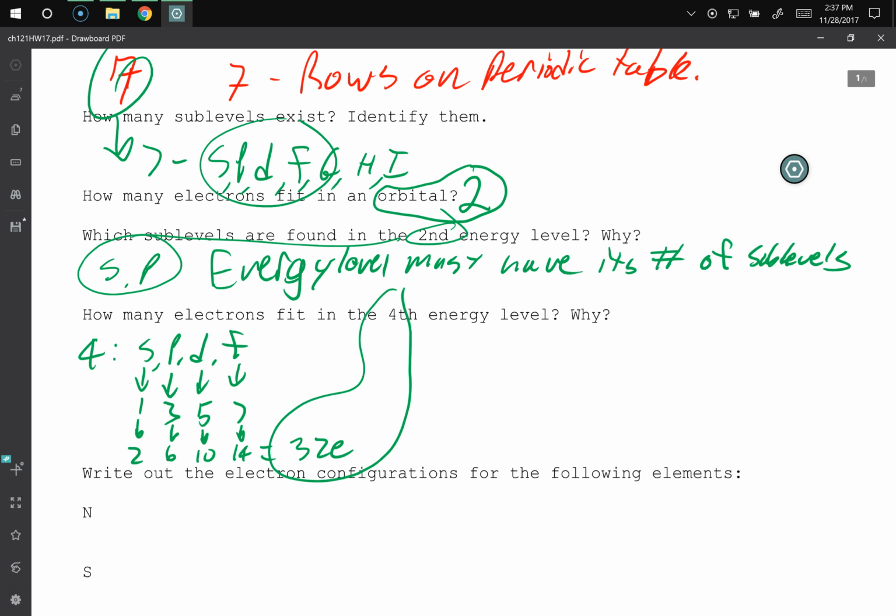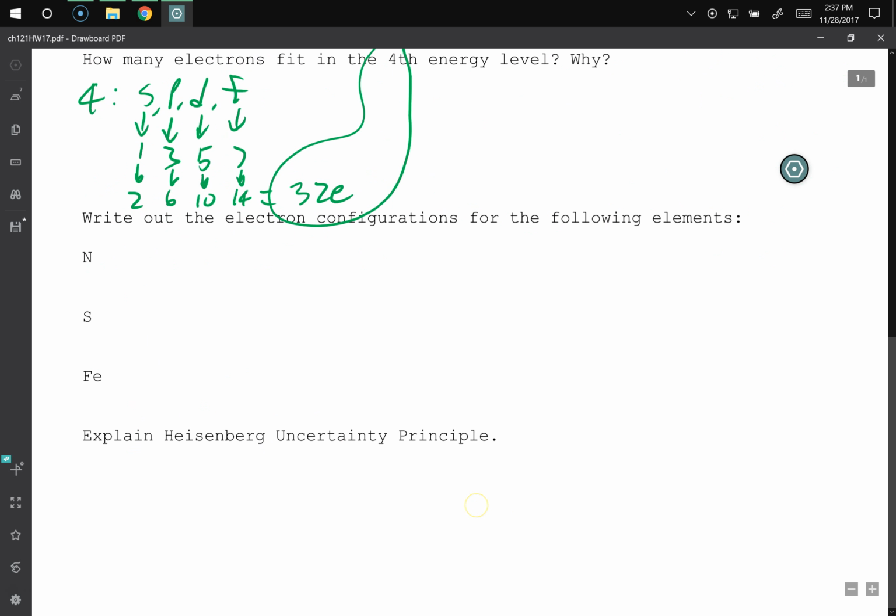Is that good? Okay, electron configuration for nitrogen: 1s2, 2s2, 2p3. Can you give me 2 ways to verify that's probably correct? 2 plus 2 plus 3 gives me 7 electrons, and nitrogen must have 7 electrons to be an atom.